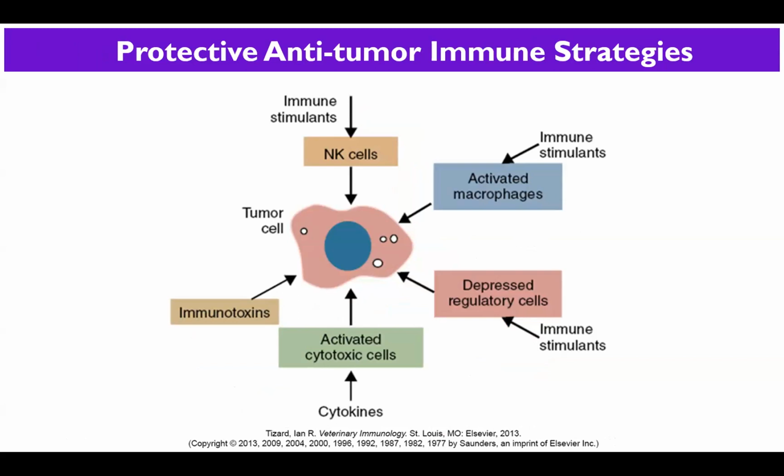Historically, there have been a lot of efforts put in place and pursued to mitigate or manage cancer. And so we just wanted to look at some examples of anti-tumor immune strategies that have been pursued in the past.